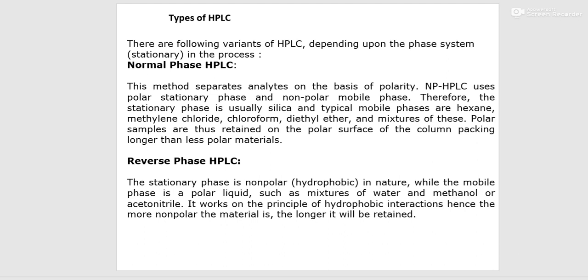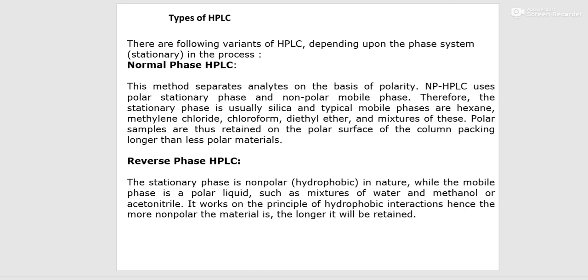So normal phase HPLC is where the stationary phase is polar and mobile phase is non-polar. Now what is reverse phase HPLC? In any reverse phase chromatography, the stationary phase will be non-polar or hydrophobic in nature, and mobile phase will be polar.